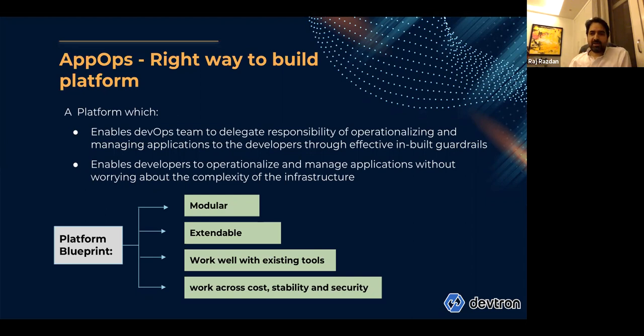Now, second, when it comes to developing applications, ideally the developer should be completely aloof from what is happening on the infrastructure side and the complexities thereof. So, four tenets: modularity, extensibility. How does it work well with the existing tools? I think it's very important as you introduce a new tool which builds together.